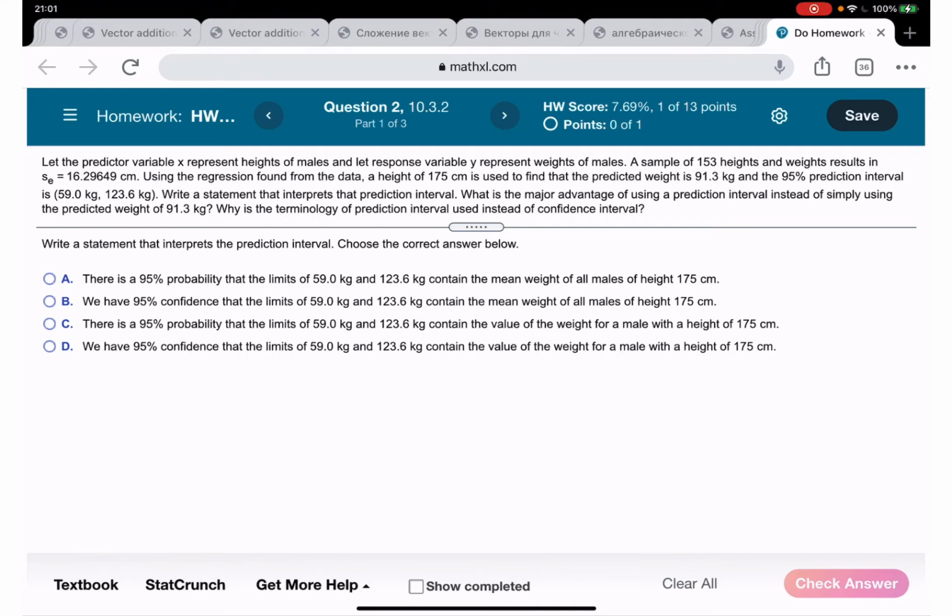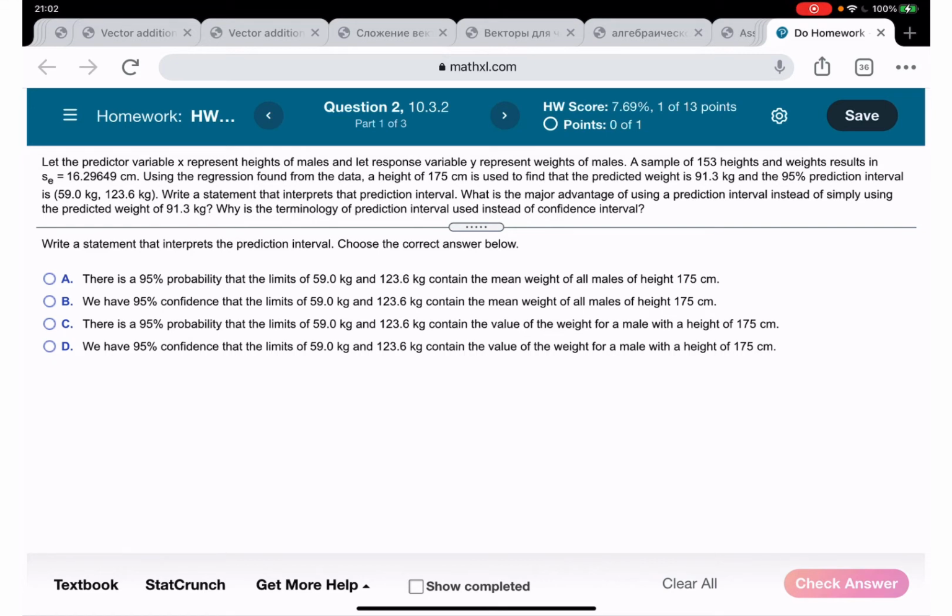Okay, and the 95% prediction interval is 59 and 123.6. Write a statement that interprets that prediction interval. What is the major advantage? Okay, let's go step by step. So, what do we have? A 175 height is used to find the predicted weight 91.3 and the 95% prediction interval is 59 and 123.6.